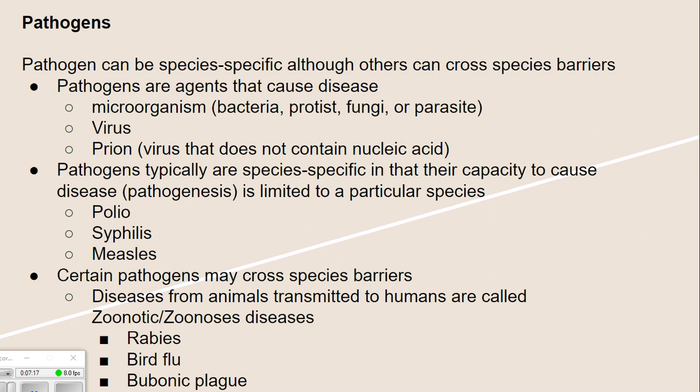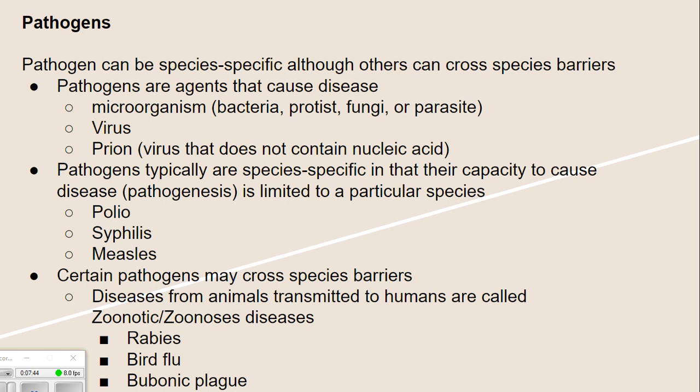And so it's microorganism in the form of bacteria, protists, fungi, like fungal infections, think like athlete's foot, or a parasite, so think like tapeworms. Viruses can also be pathogens as well. And then you can have prions, which is essentially kind of a virus that does not contain nucleic acid.